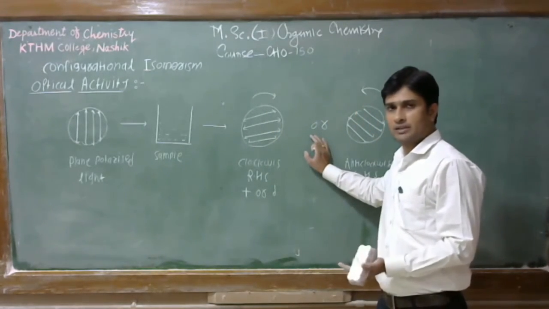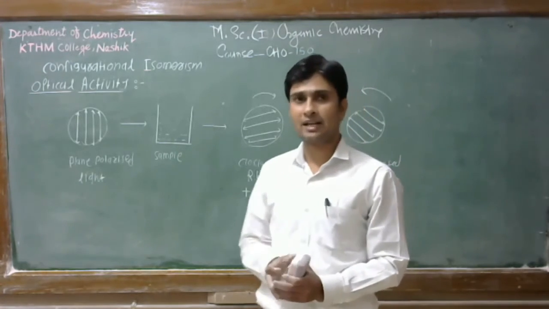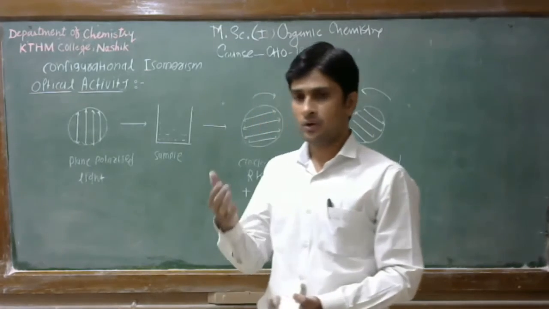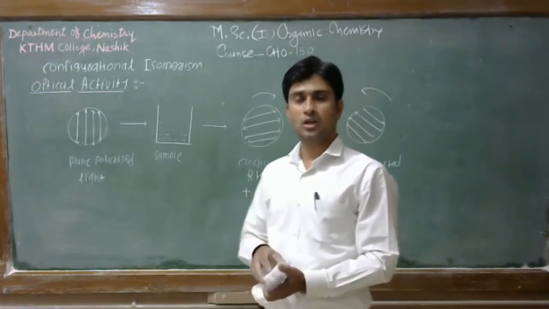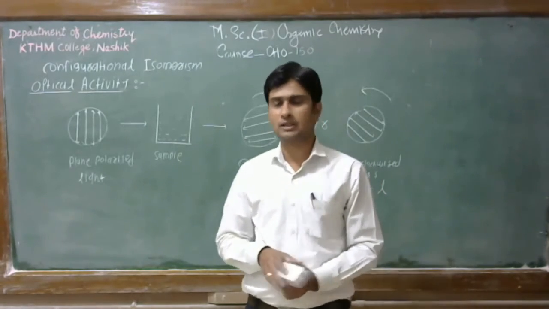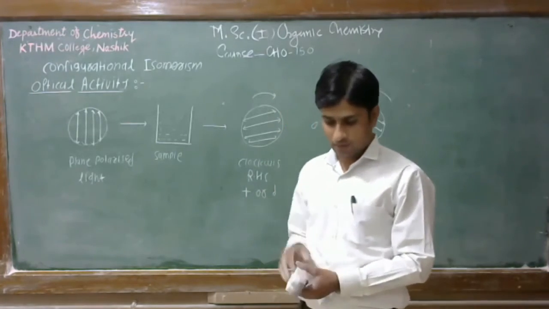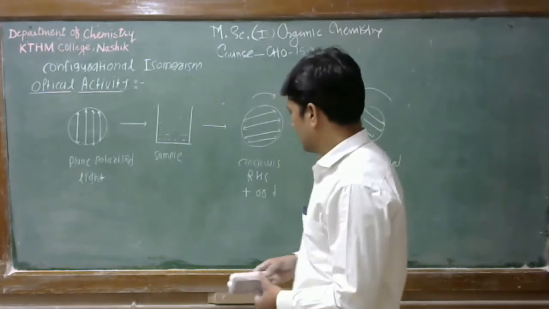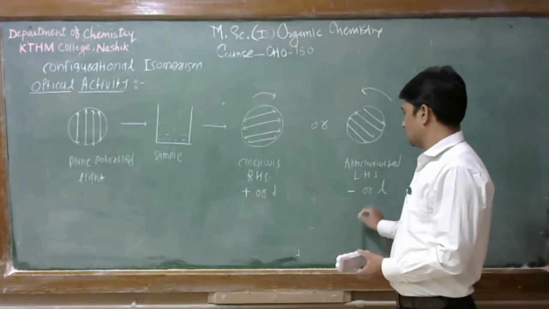What about the theoretical observation? It means that in the classroom, if we have the structure of any compound, how do we identify whether this compound is optically active or inactive, and if it is optically active, whether it is dextrorotatory or levorotatory?